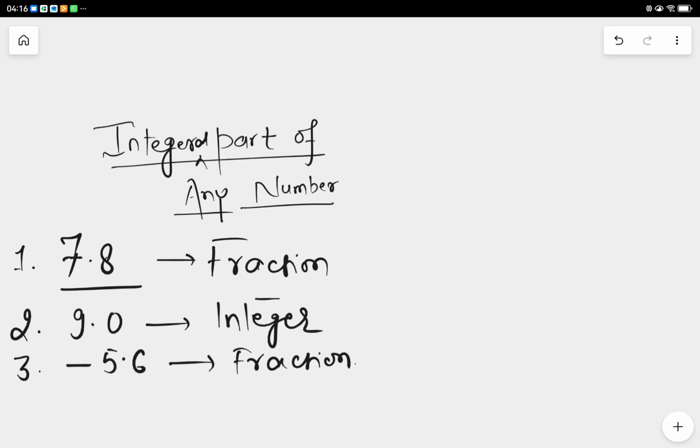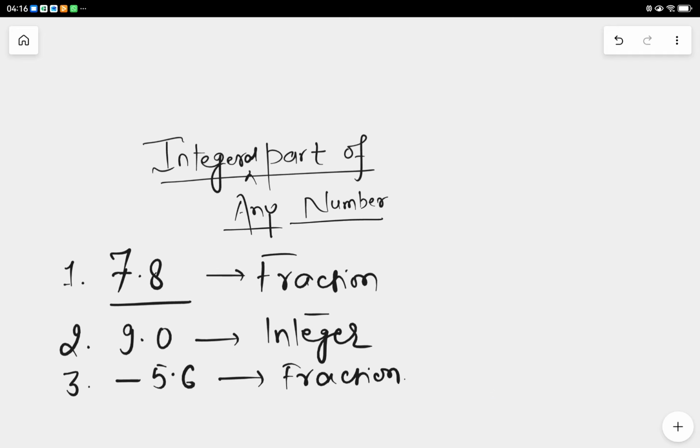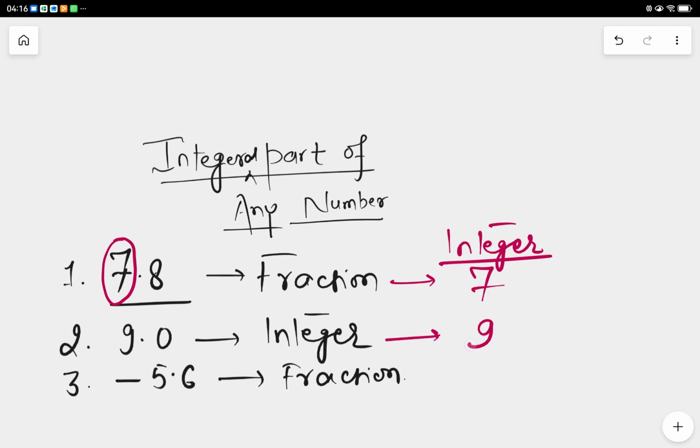So if I write the integer part, it will be the first digit that you see here. So 7 is the integer part of this number, 9 is the integer part of this number, and minus 5 is the integral part of this number. Okay, this is the answer.